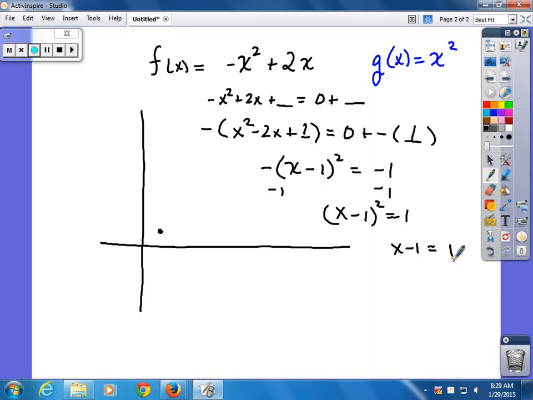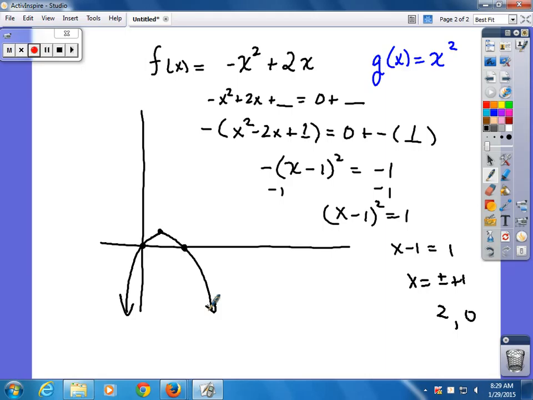And add 1, x is equal to 1 plus or minus 1. And that will give you 2 and 0. So we've got a vertex at 1, 1, and x-intercepts at 0 and 2.